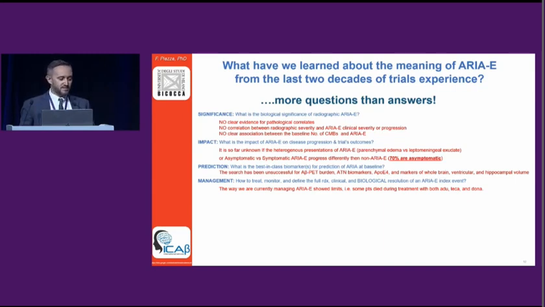And here I try to recapitulate some of the main open questions that need to be addressed in the next few hours to ensure the successful use of current monoclonal antibodies when they will be massively used in real-life clinical practice. So we don't know the biological significance of radiographic ARIA.